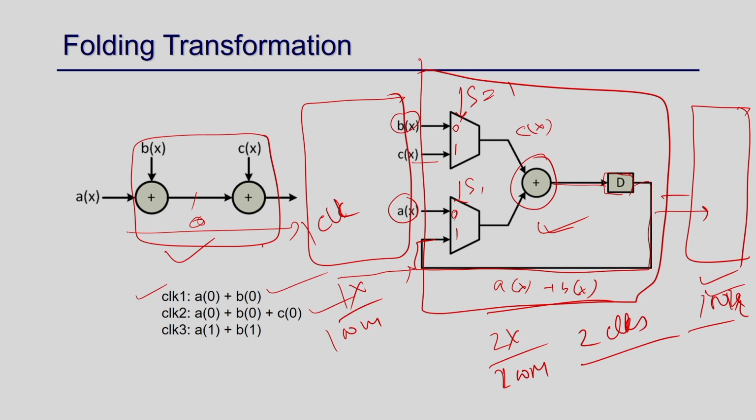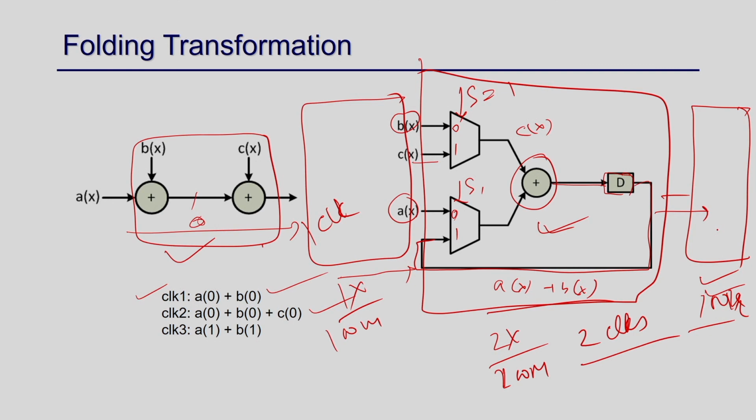So it can produce the output, and for the other circuits, because they are running at 100 megahertz and this is running at double speed, they are going to get this output in every clock. That means whenever I fold a circuit or module, I have to run the circuit at the folding factor times more speed, so that the interface is unchanged.